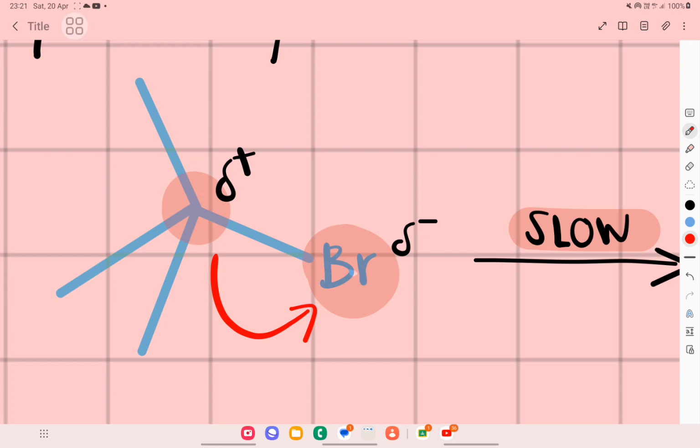The first step in the SN1 mechanism involves the departure of the leaving group, which in this case is the Br atom from the substrate molecule. This breaks the covalent bond, which requires energy, and it's usually a relatively slow step.